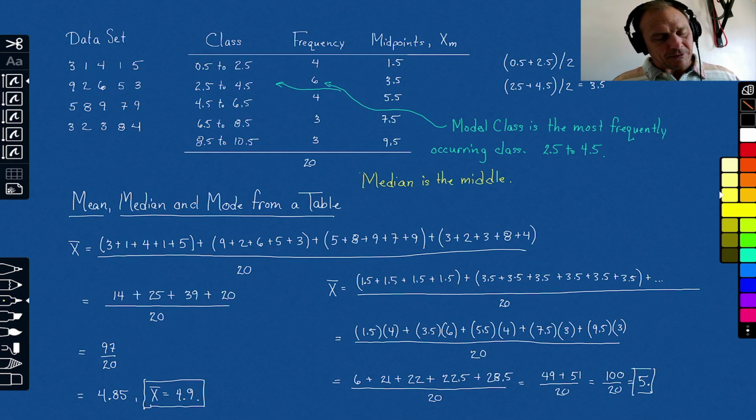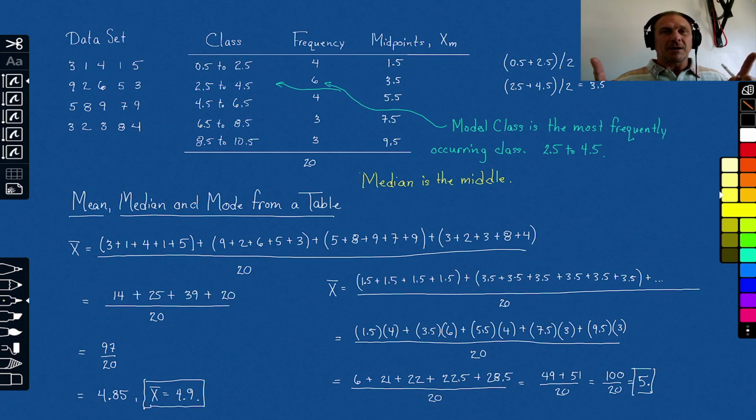Remember? So if I was to line up all of these dots, the median would be right in the middle of all those dots if I arranged them in ascending order. Well, I'd write out 1.5, 4 of those, and I'd write the 3.5s, I'd have 6 of those, and I'd continue. But notice that I have 20 points written out.